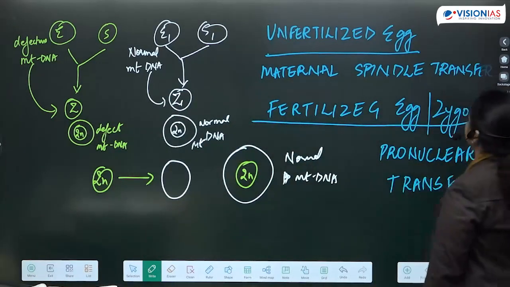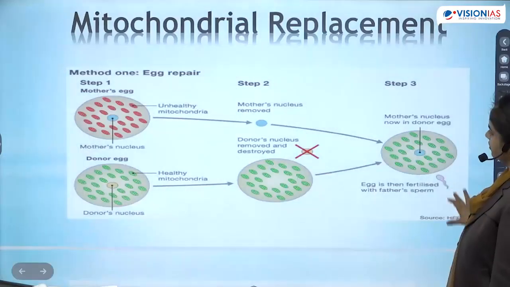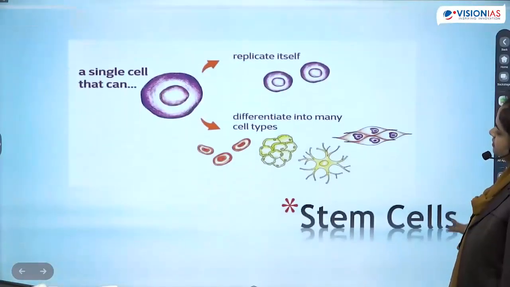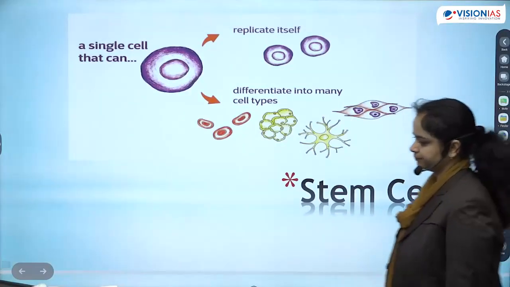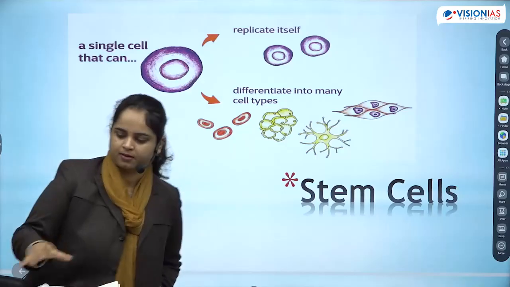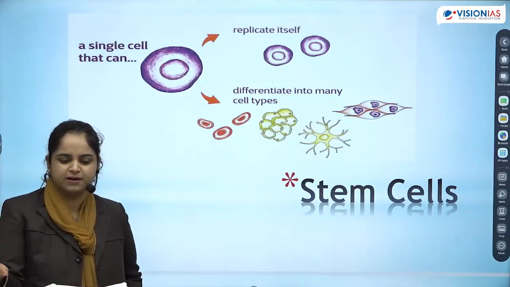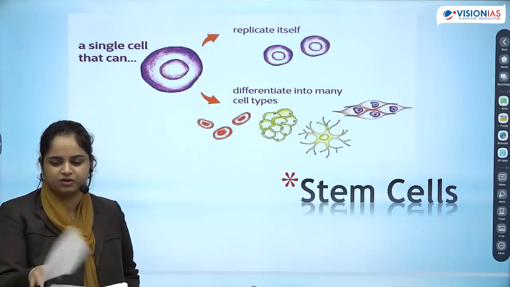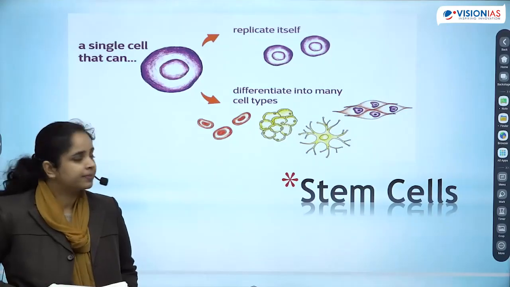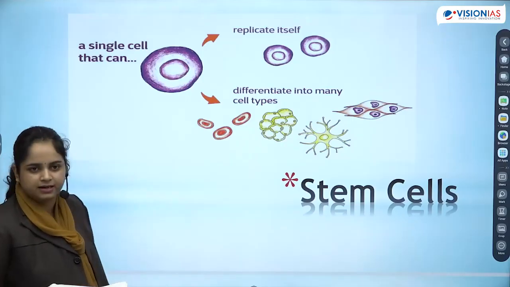Going on further, the next technology which we have is stem cells. Now you might have heard about stem cells or stem cell technology. The first thing would be to understand what these cells are.